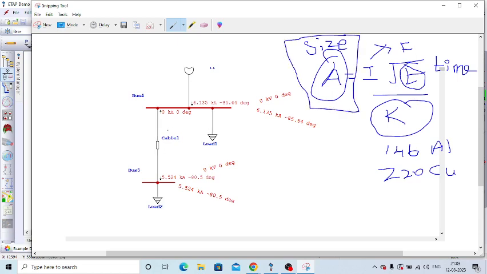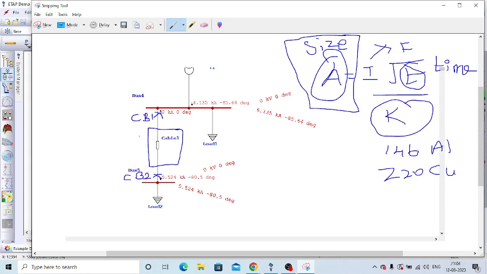The cable we are going to use at this location, we have to select based on this formula. In this cable type of feeder, one circuit breaker will be here, and in this location also one circuit breaker will be there. This will be circuit breaker 1 and this will be circuit breaker 2.